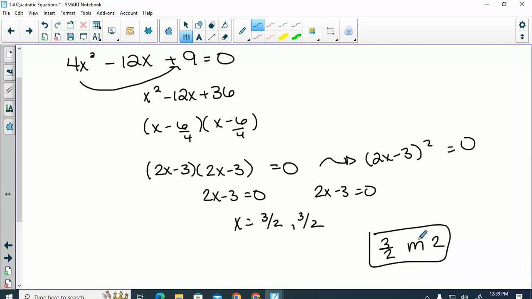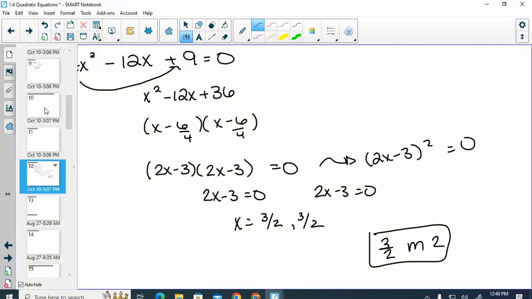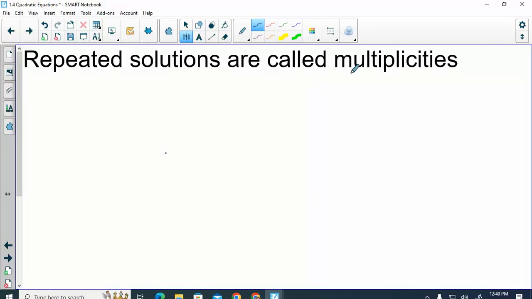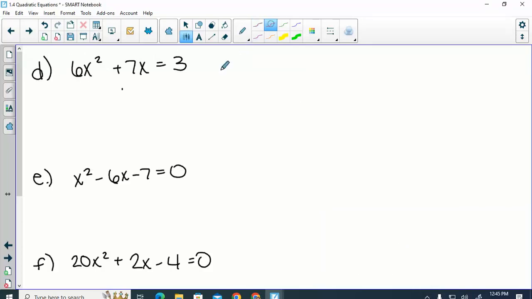So what that means is 3 halves is the solution 2 times. When we get into graphing and things, it really matters how many times something is a solution. So that's why we need to include that multiplicity instead of just writing it once. If you want to make yourself a little note, repeated solutions are called multiplicities.